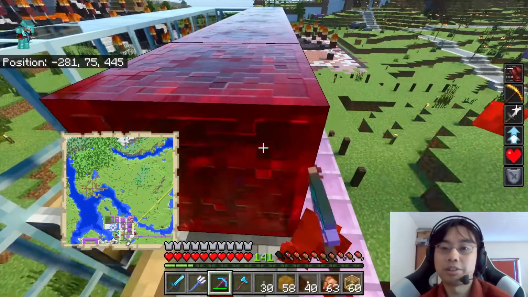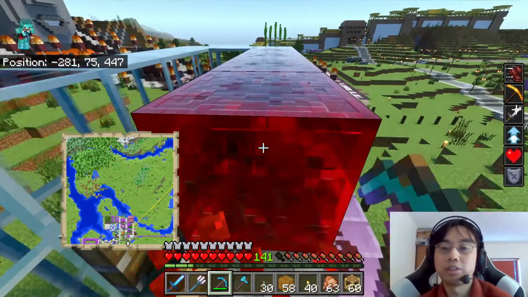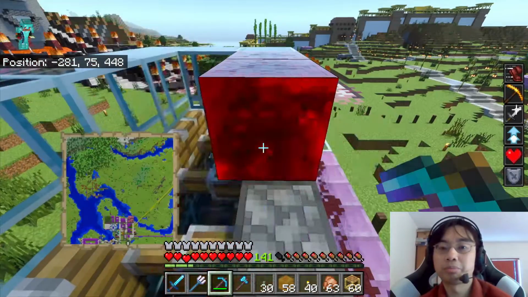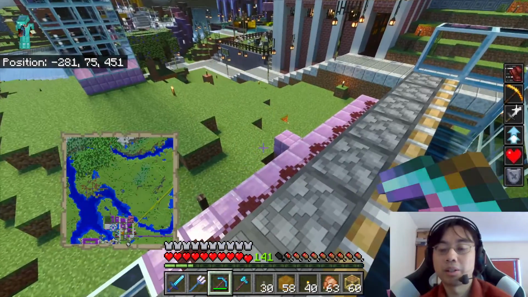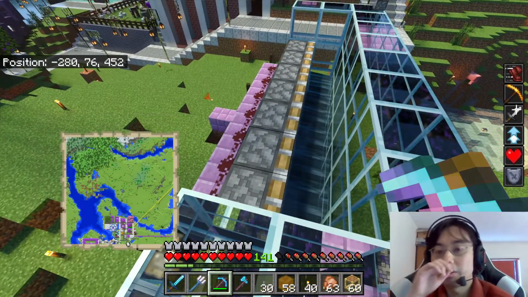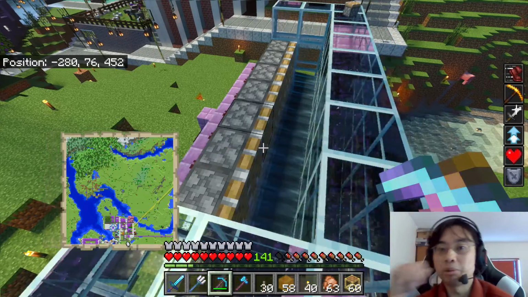This is lava. It's the problem. This lava is the problem.